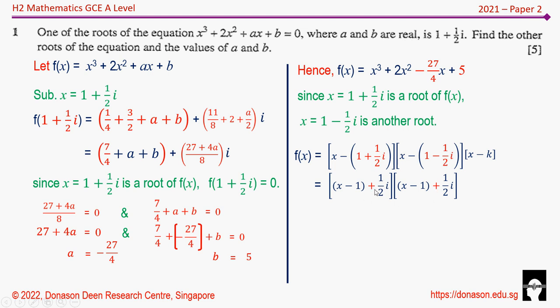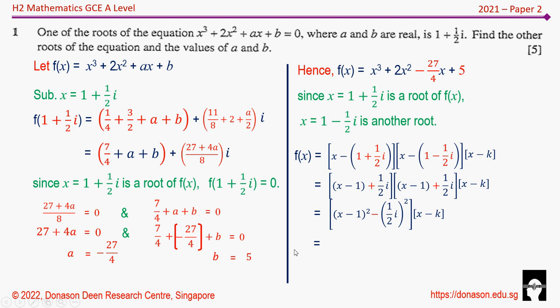This should have been a minus half I. So hopefully in the next step I have rectified the mistake. Oh yes, I did. This is of the form a minus b, a plus b, so it should be a squared minus b squared. So x minus 1 squared, your b is half I, right? So it's half I squared, times x minus k. Okay, so take note that there is a mistake here. This should be a minus half I.